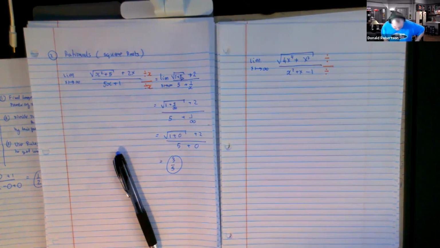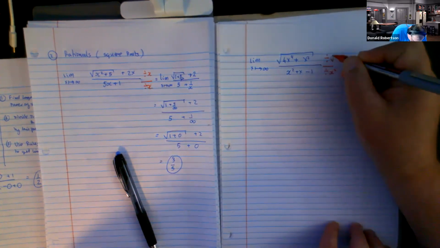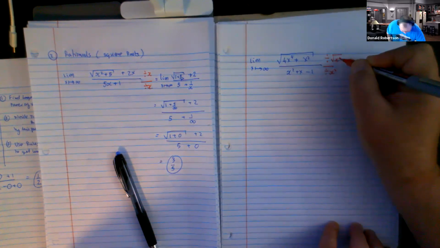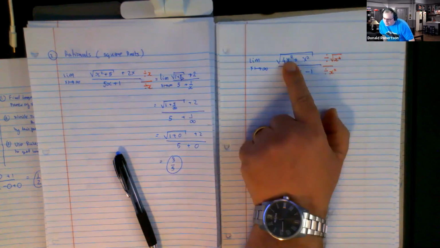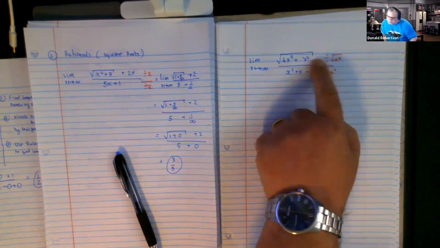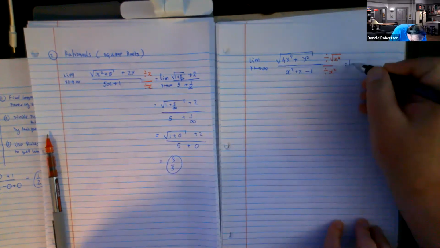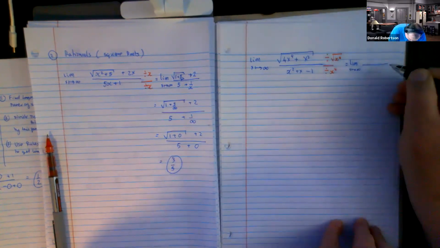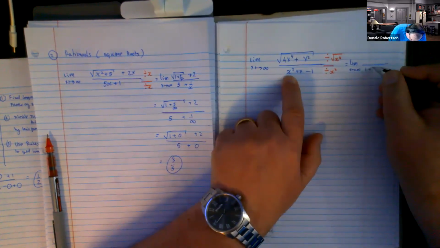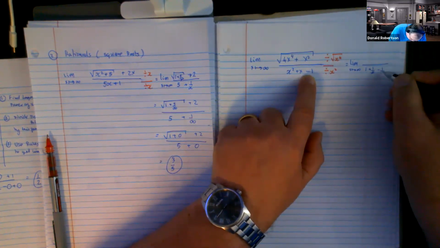That makes sense. Now, in this particular question, I can save myself a little bit of work and pretend that it's already that. Isn't that x squared written in a form that's going to play well with the square root? Let's see what we get then. It's going to be the limit as x tends to infinity of the square root of 4 plus 1 over x squared, over 1 plus 1 over x minus 1 over x squared.